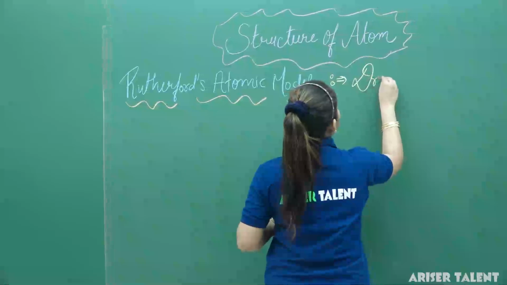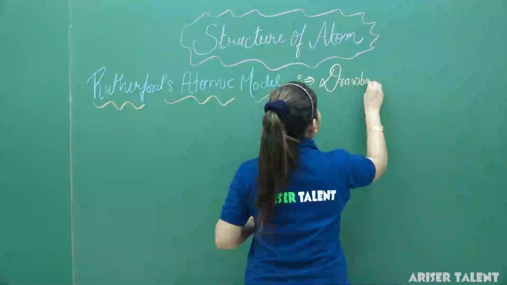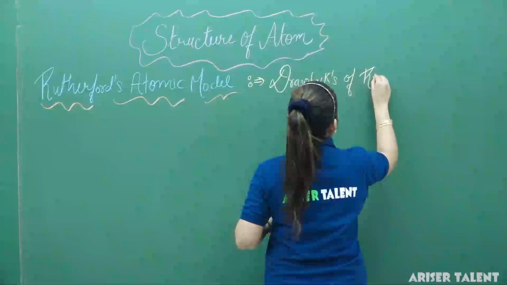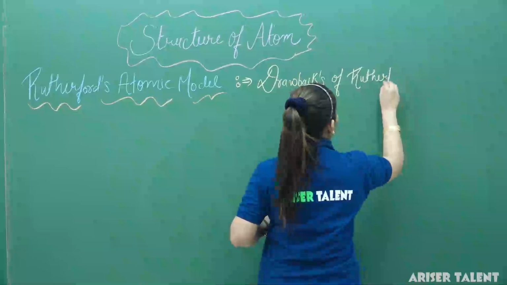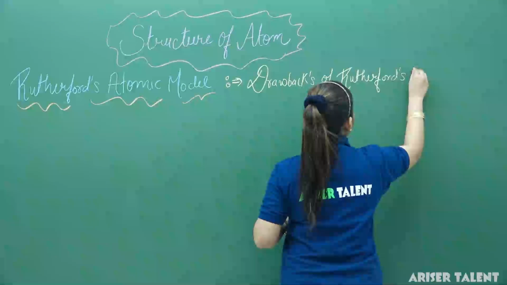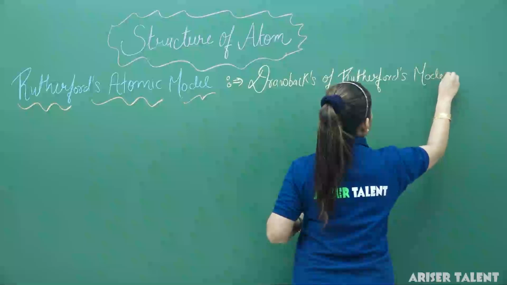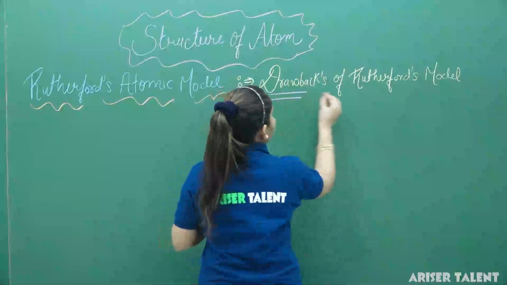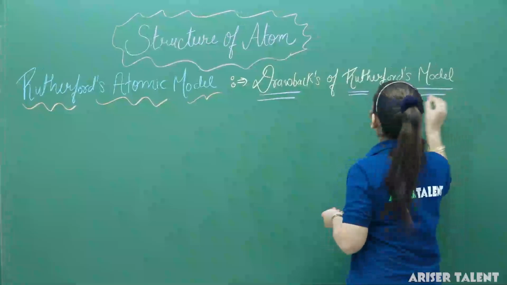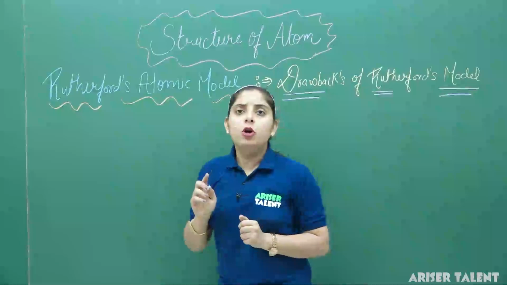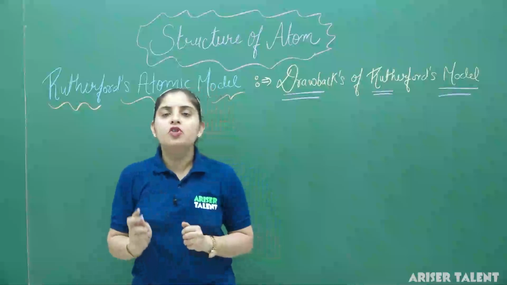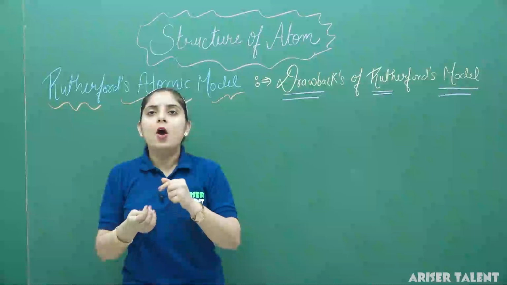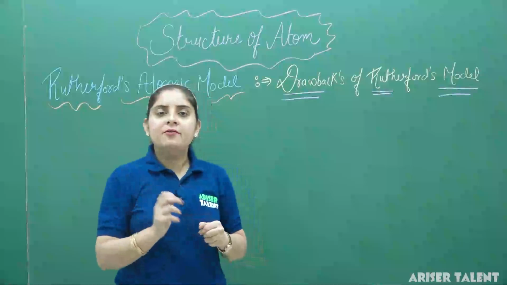Now we will discuss the drawbacks of Rutherford's model. The first point is that Rutherford was not able to explain the position of electrons in a particular shell. He did not explain how many electrons will be accommodated in one shell.